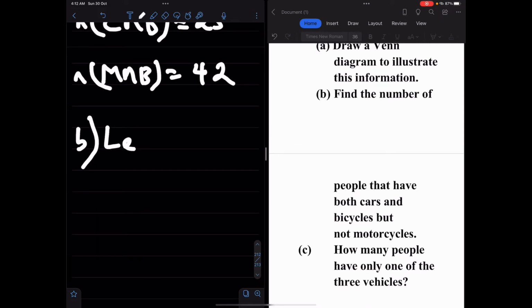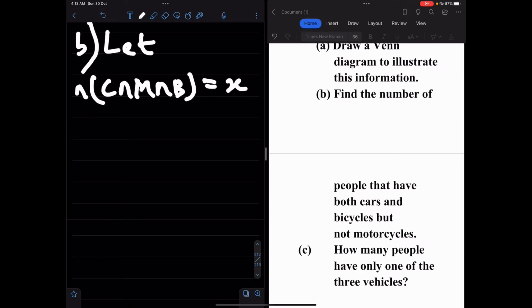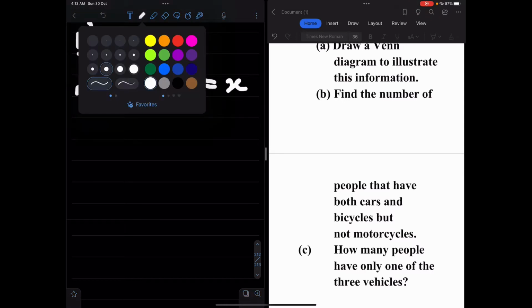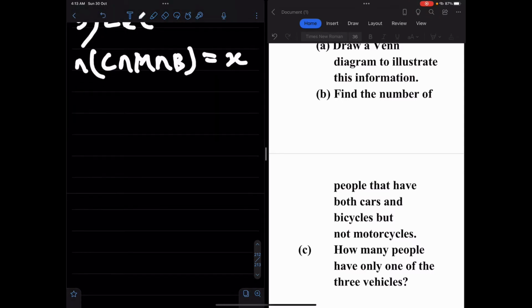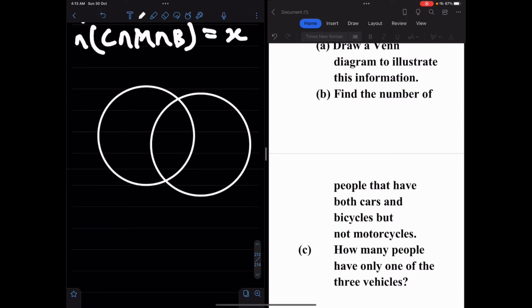Let the number of people who have all the three vehicles, cars, motorcycles, and bicycles, be X. Yes, that's X. Now, if that's X, I think I want to redraw my diagram. Yeah, let me draw that. Redraw a diagram so that I can represent all of the parts in it easily.